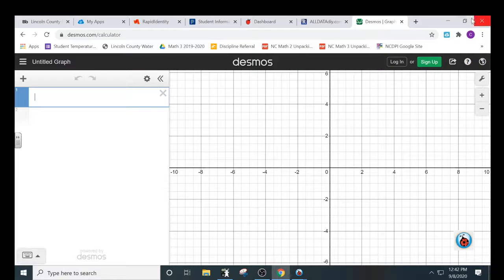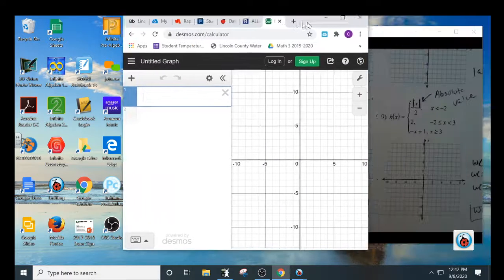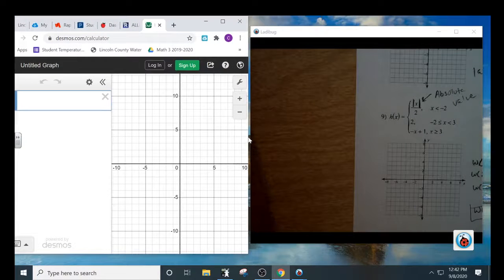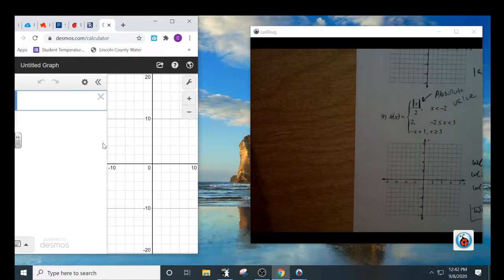All right, we're going to use Desmos this time.